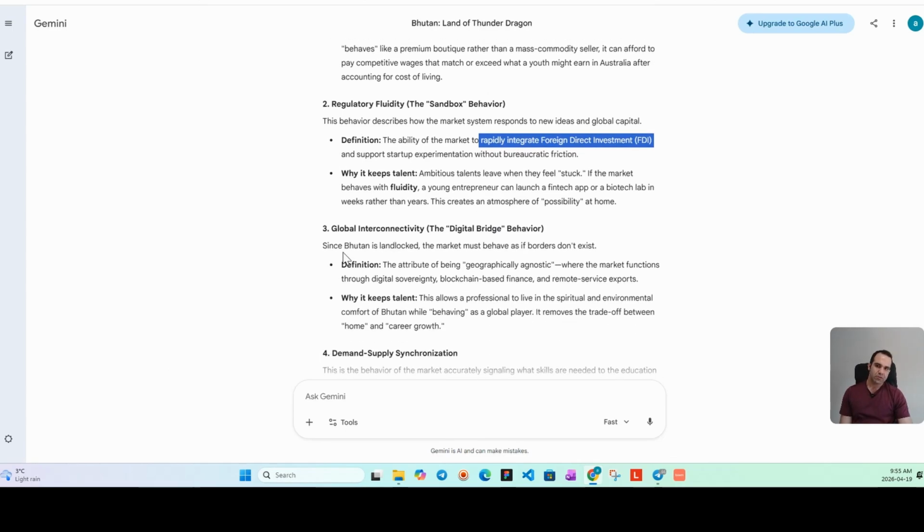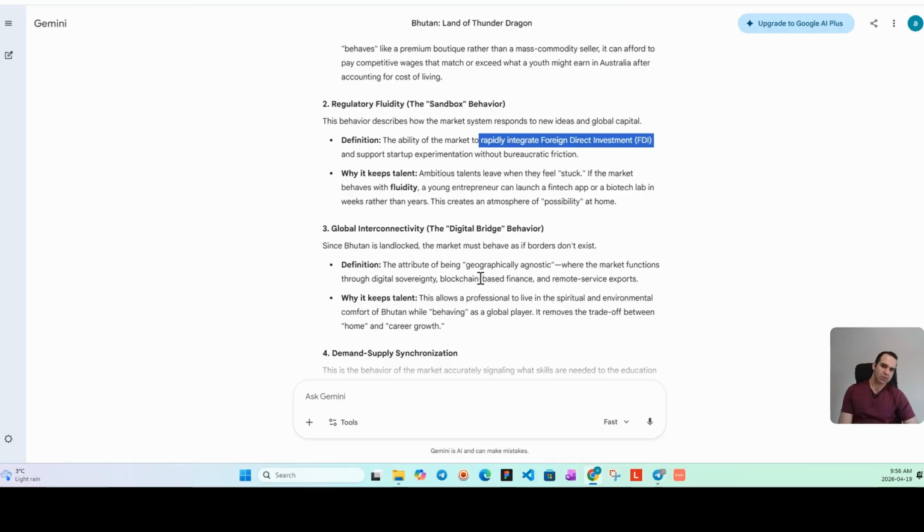Global interconnectivity. Since Bhutan is landlocked, the market must behave as if borders don't exist. Definition: the attribute of being geographically agnostic, where the market functions through digital sovereignty, blockchain-based finance, and remote service exports. Digital bridge behavior.